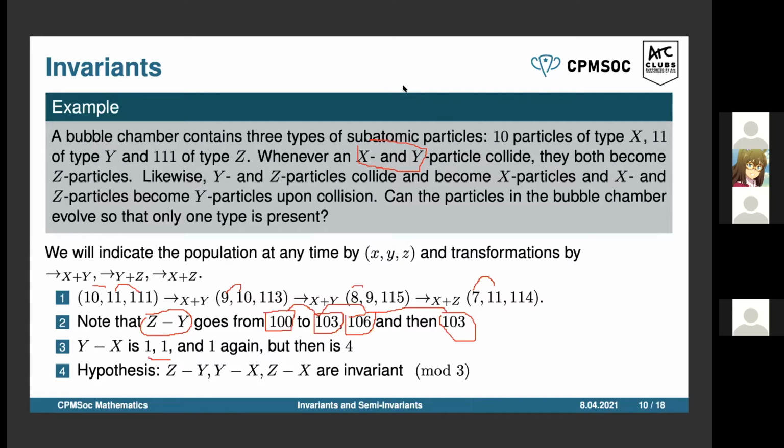So using this, you could hypothesize that z minus y and y minus x and z minus x are all invariant modulo 3.